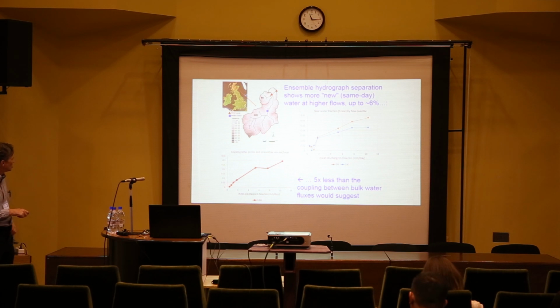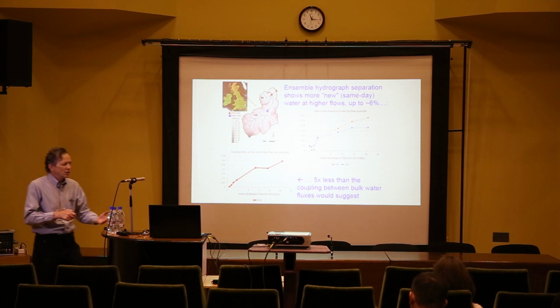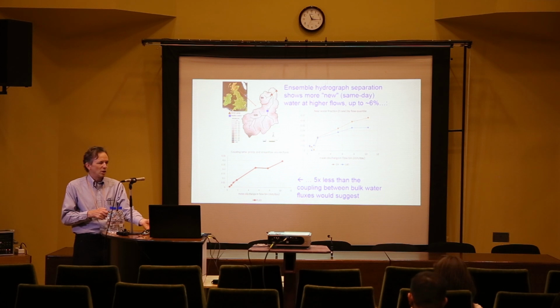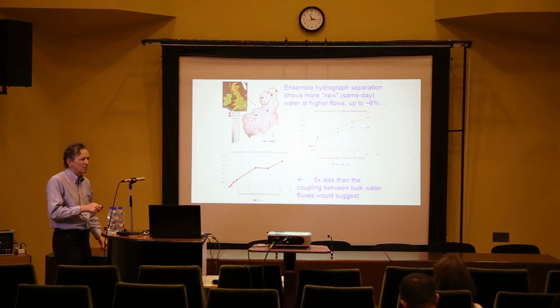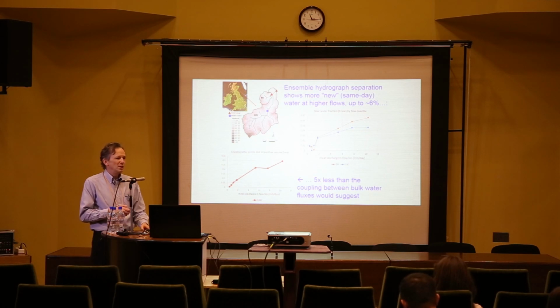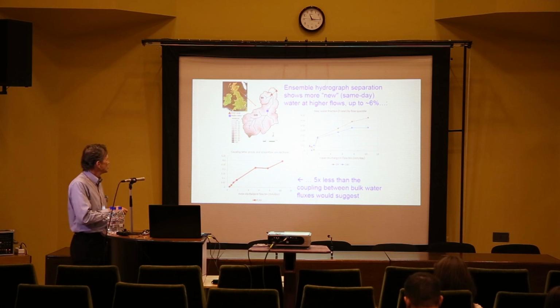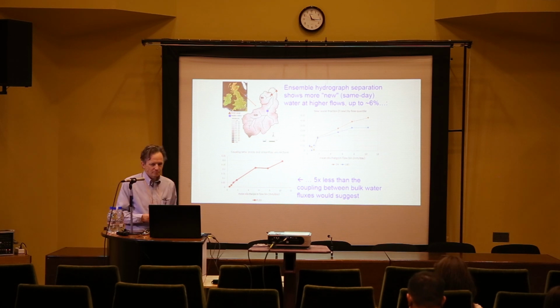This scale runs from 0 to 30%, showing that at high flow in this system, if you put on, say, 10 millimeters of rain, you'd get 3 millimeters of runoff, right? 30%. But less than 1 millimeter of those 3 millimeters would be new water. That is, the new water fraction is always less than 10%.